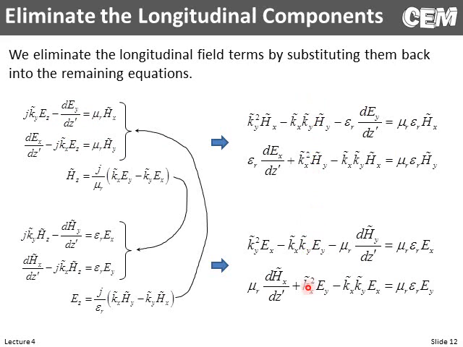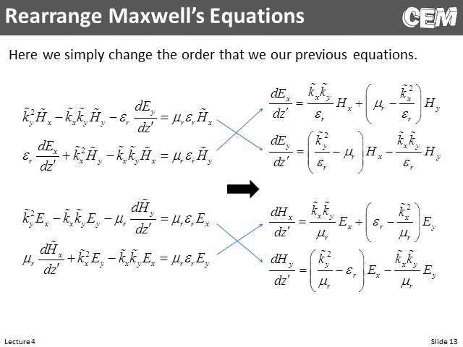So what we have now are just 4 equations that no longer contain EZ and HZ. They only contain EX, EY, HX, and HY. 4 equations, 4 unknowns. Everybody good? All right. Here we go.